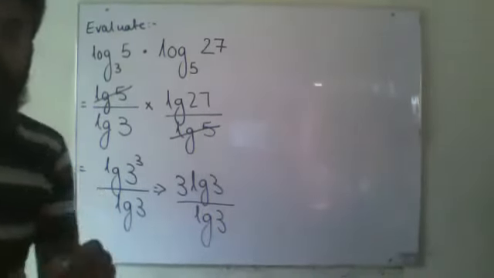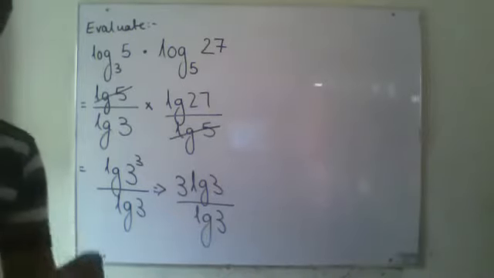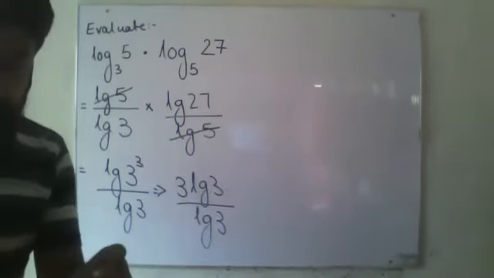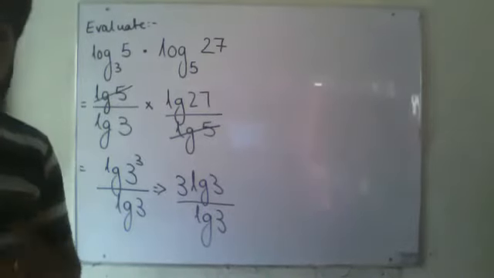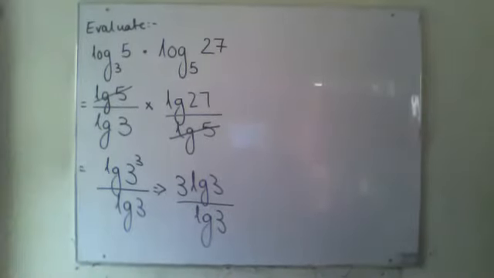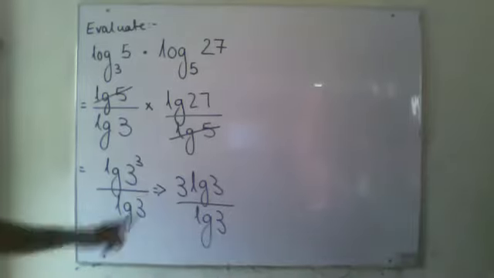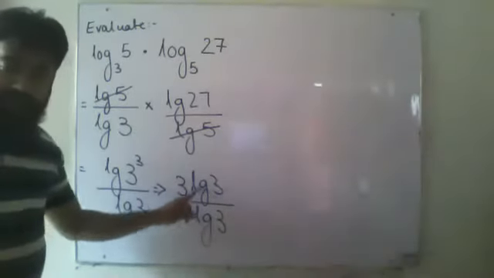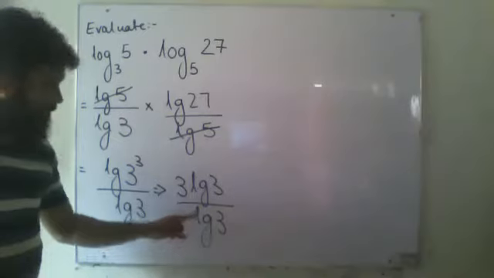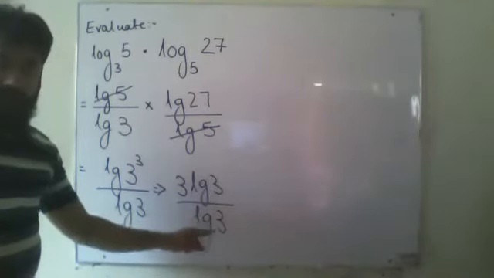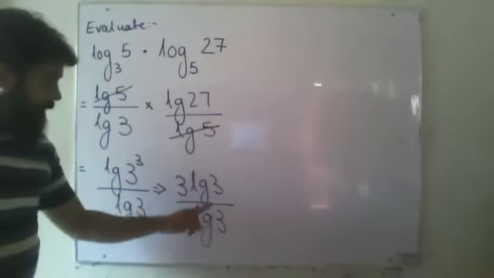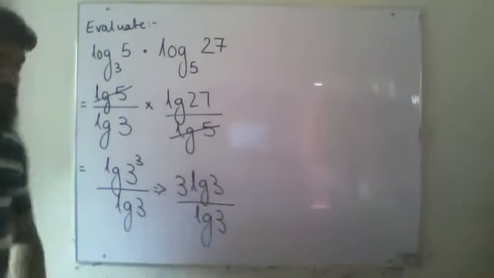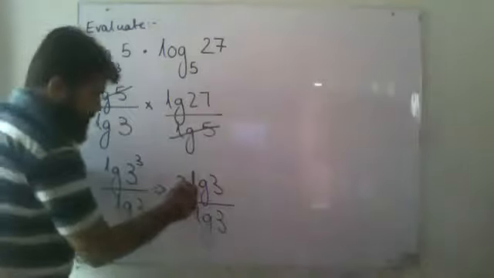You will only cancel log with log if the base, the multiple and their power are all the same. Only then will you cancel it, otherwise you will not. Like over here, lg is written, so the bases are same. 3 and 3 is written, so the multiple is same. The power of 3 is 1 over here, and the power of 3 is 1 over here. So now you can cancel it.